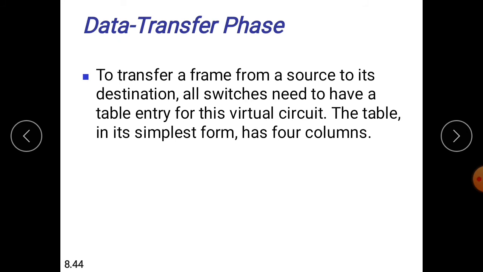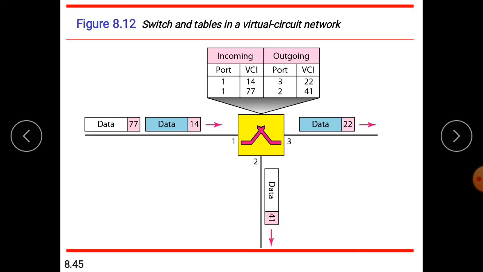In the data transfer phase, to transfer a frame from a source to the destination, all switches need to have a table entry for their virtual circuit. This table will have 4 columns. This means that the switch holds 4 pieces of information for each virtual circuit that is already set up. So this will show the switch and table in the virtual circuit.